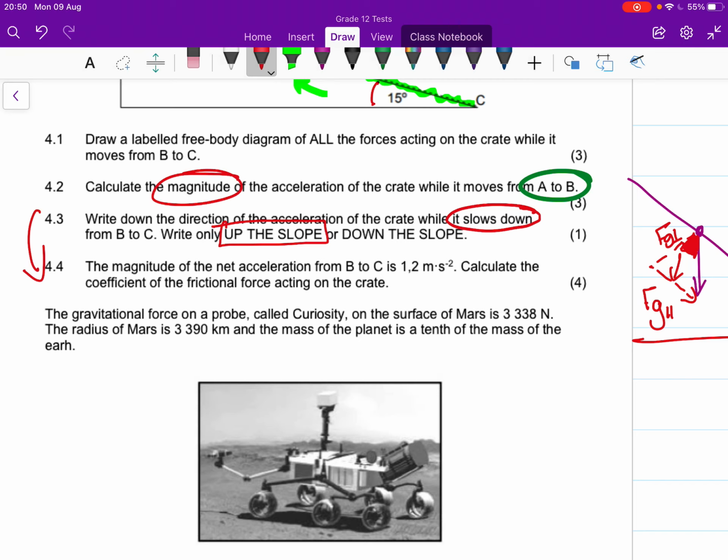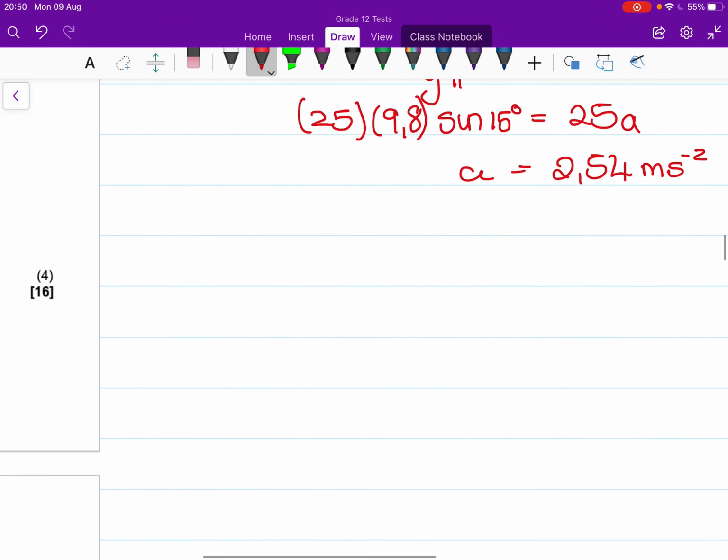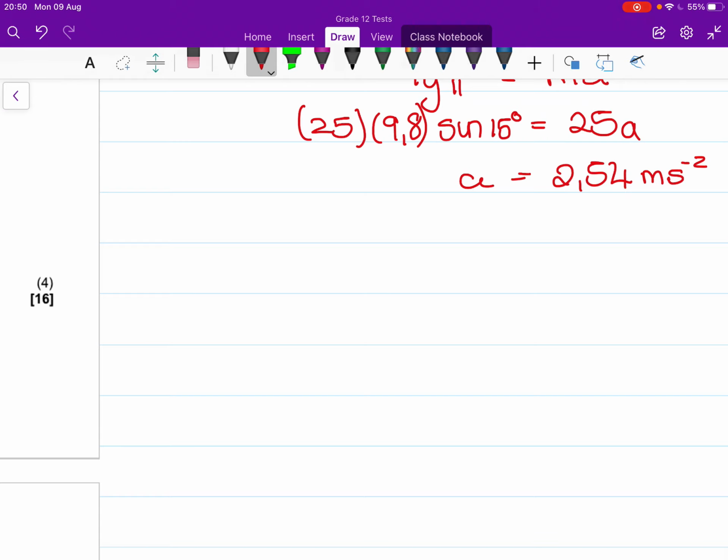Now they say the magnitude of the net acceleration from B to C is 1,2 meters per second squared. Calculate the coefficient of the frictional force acting on the crate. So, okay, you've just written it, that there's friction going up the crate, but FG parallel is going to be moving it down.